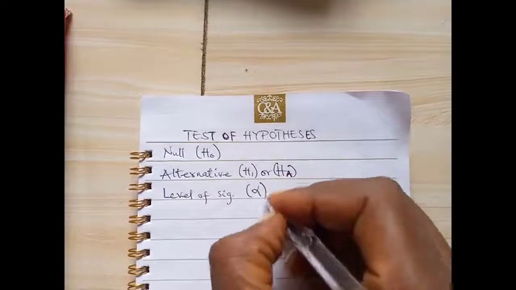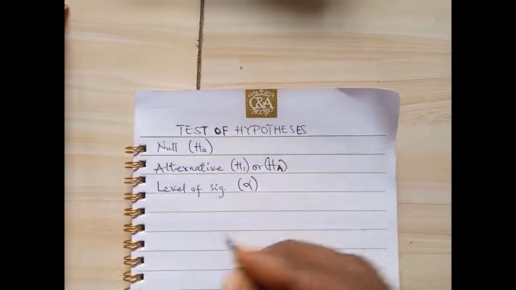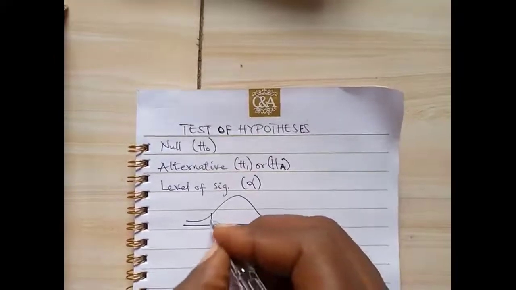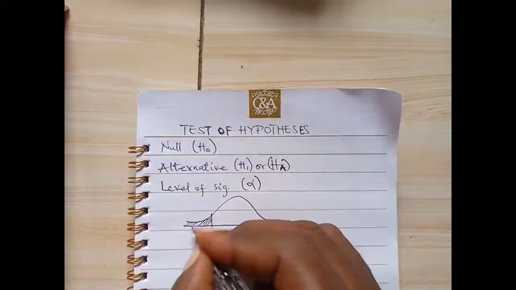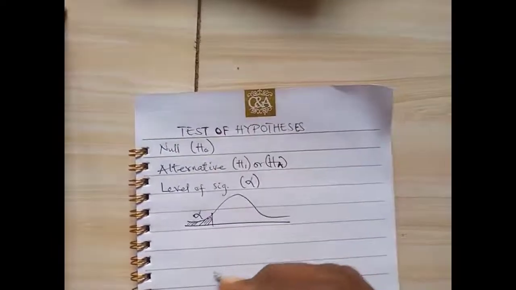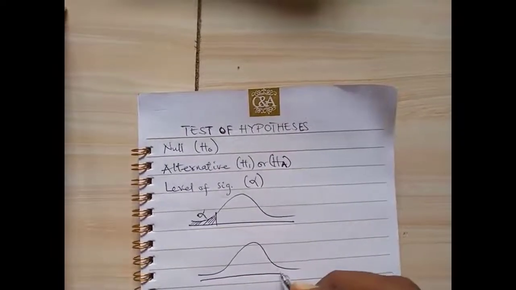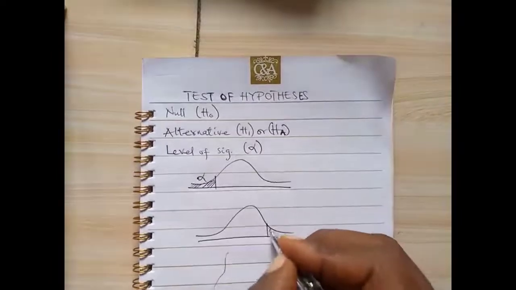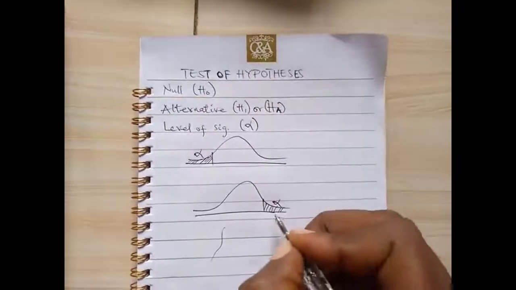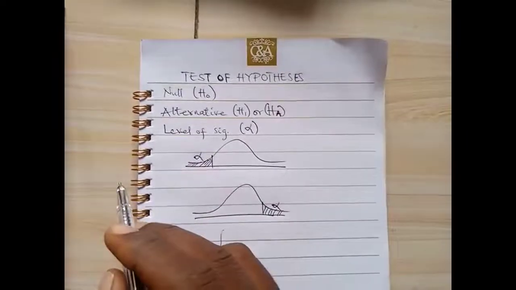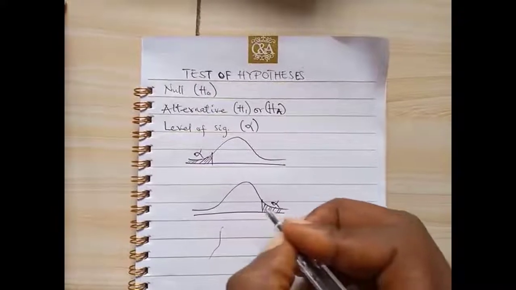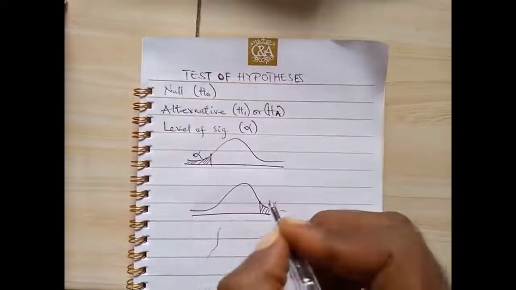We use alpha to denote it. So if we have a distribution curve, this area is what we call alpha for a one tail test. Or if we have this other side, alpha, this is actually a one tail test. A one tail test is a test that is directional, that has only one critical value.